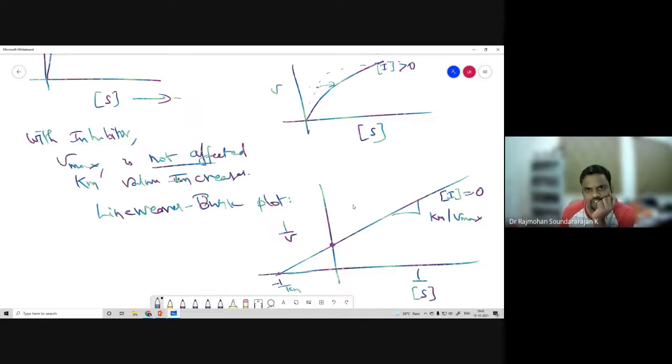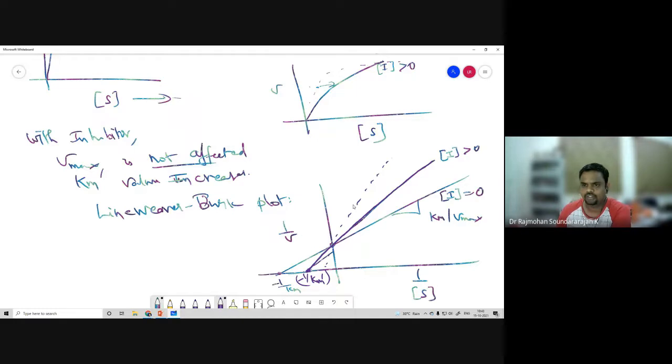But when there is inhibition, we get a curve where the I concentration is greater than 0. So we have a different plot. You can see that there is an increase in the Km dash value, so it is going to be minus 1 by Km dash. When the inhibitor concentration increases further, it moves further like this.